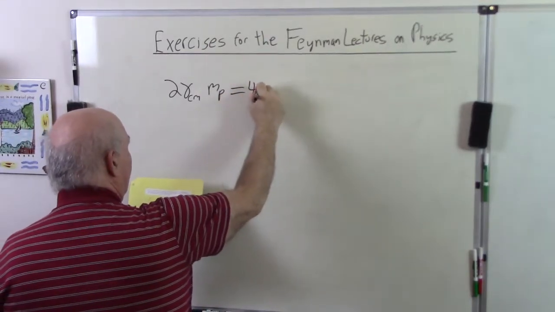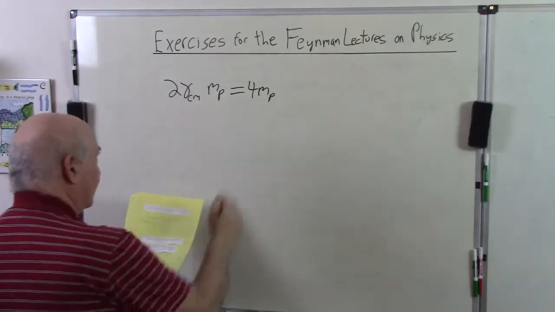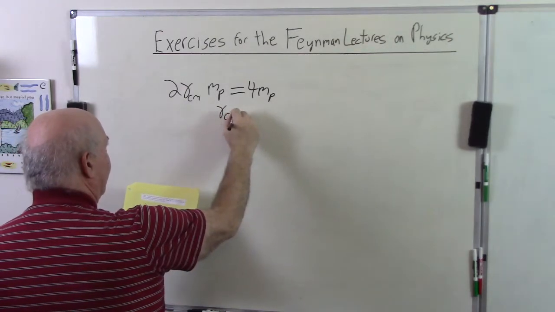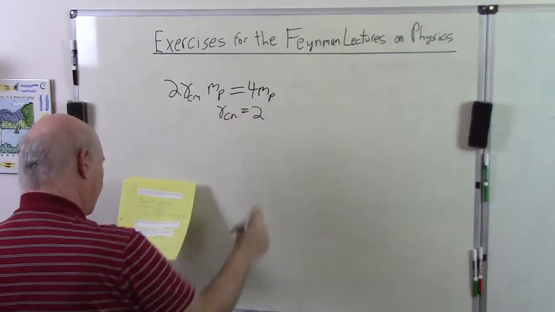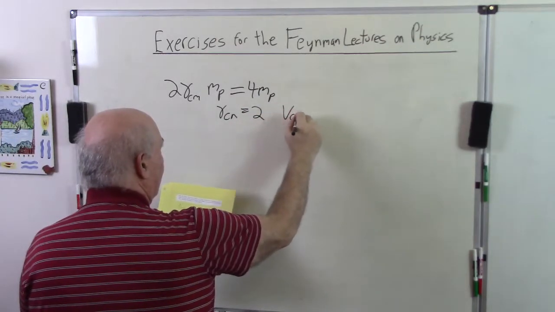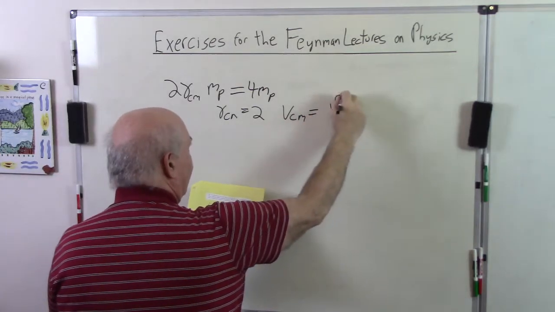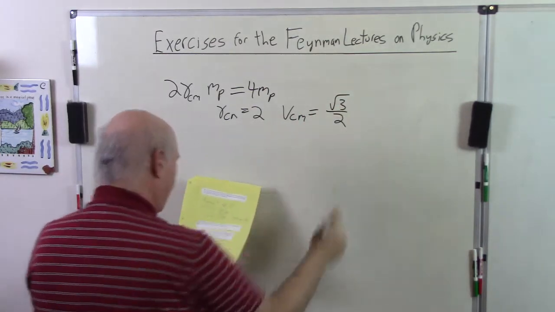It's equal to 4mp. So that implies that gamma CM is equal to 2. And this implies the velocity of the center of momentum frame relative to the lab frame is square root of 3 over 2.